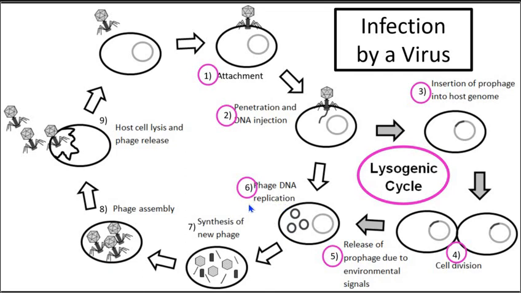And then you go from there to making the new parts, to putting them together, to the lysis again. So you could get infected with certain viruses, and they can stay asleep, essentially, just quietly copying themselves for decades, until something happens that lowers your immune system, and then you get sick.